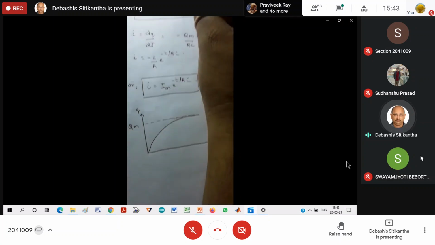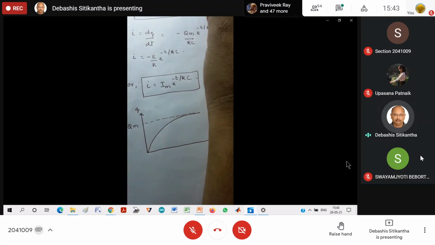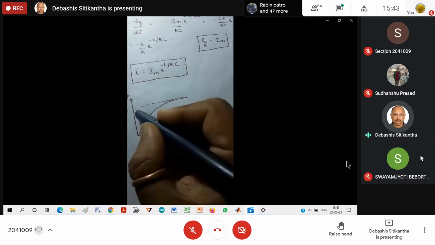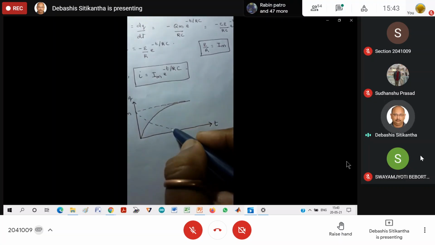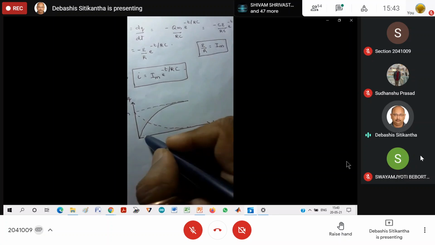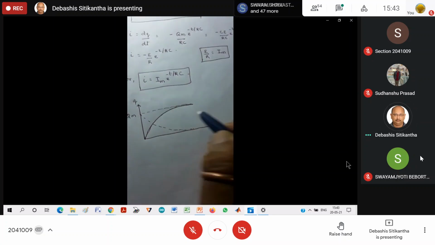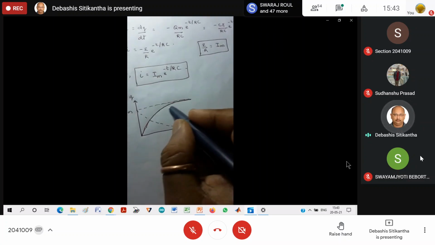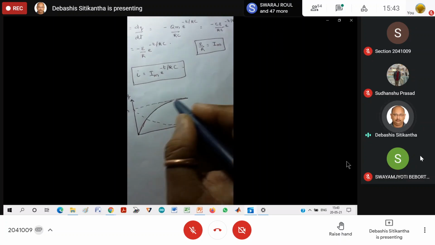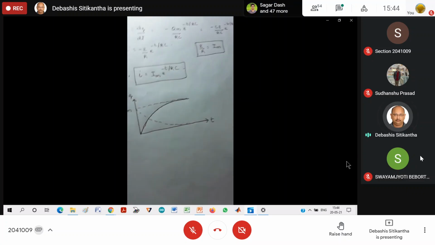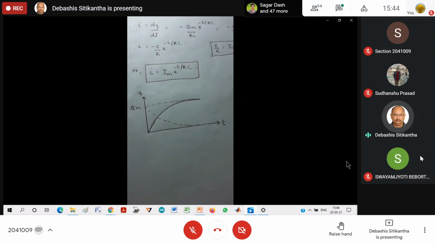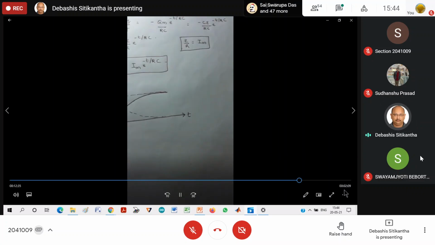From that I have to subtract Qm e to the power minus t by RC. If I subtract this point by point, or coordinate by coordinate, then I get a graph like this. This curve represents the change of charge with respect to time when I am charging a capacitor.